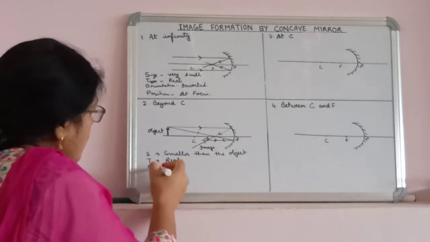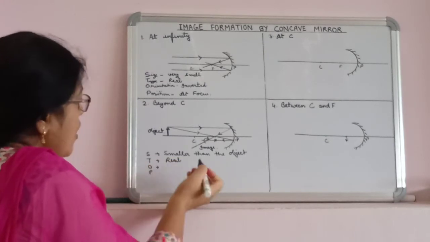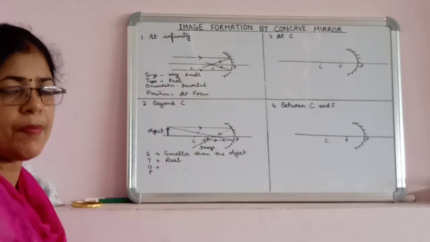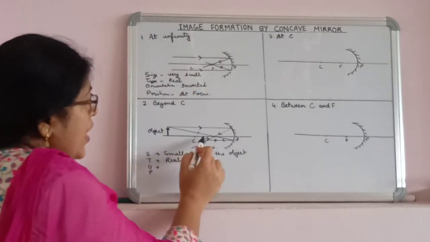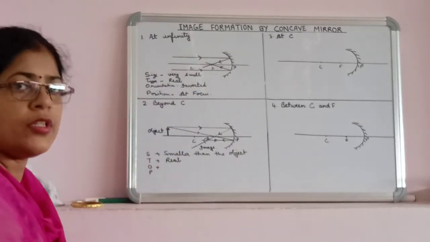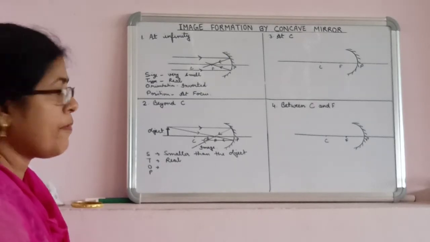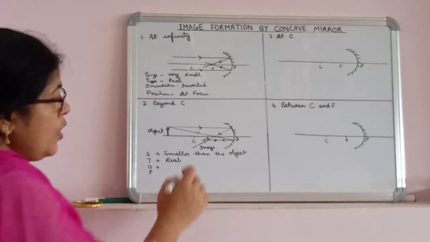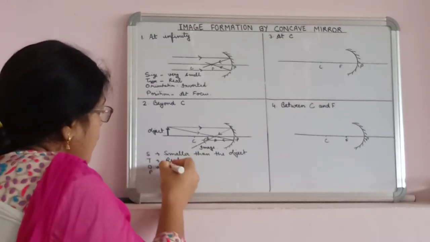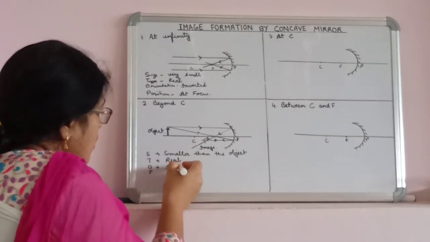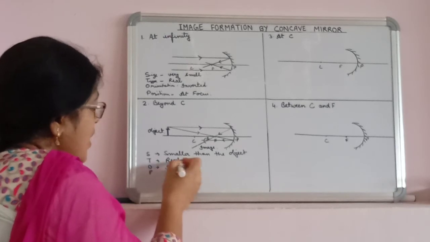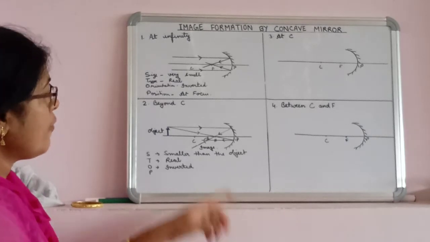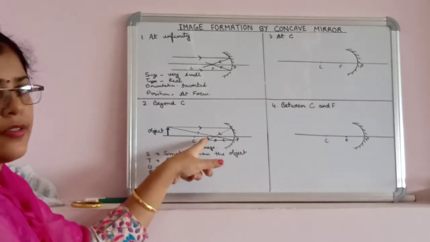Then orientation. Now see, the object is placed above the principal axis and the image is forming below the principal axis. So it means if we take the object as erect, the image is the inverted one. And obviously because it is a real image, surely it is an inverted image, and we can show it.